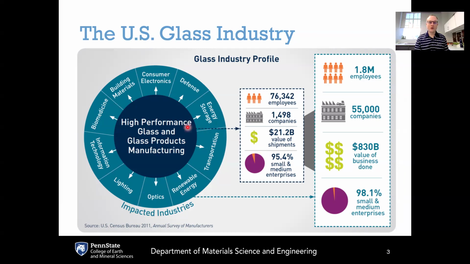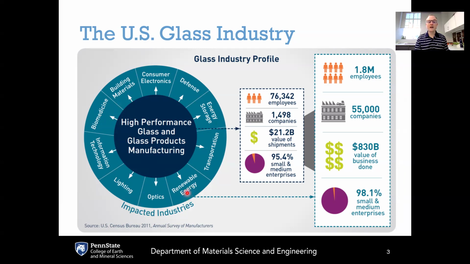But what's even more important is if you consider the impact glass has on so many other industries, whether it is the glass that's used in consumer electronics, armor glasses for defense application, glasses for energy storage, transportation, renewable energy, optics, lighting, information technology, biomedicine, and building materials. These are all impacted industries where glass plays a critical role.